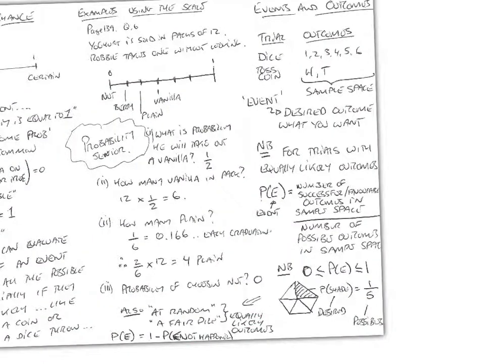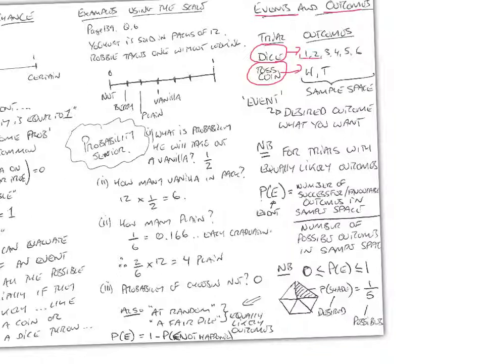And still reminding ourselves of the words we use in probability, like events, outcomes. So in probability, we perform a trial, and that trial could be throwing a dice or tossing a coin. Whatever trial we choose to look at, it will have equally likely outcomes.